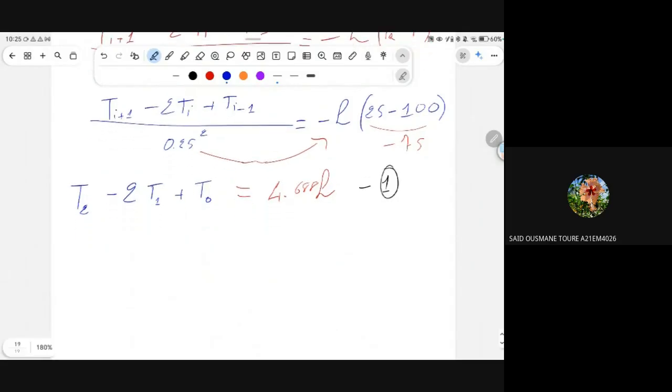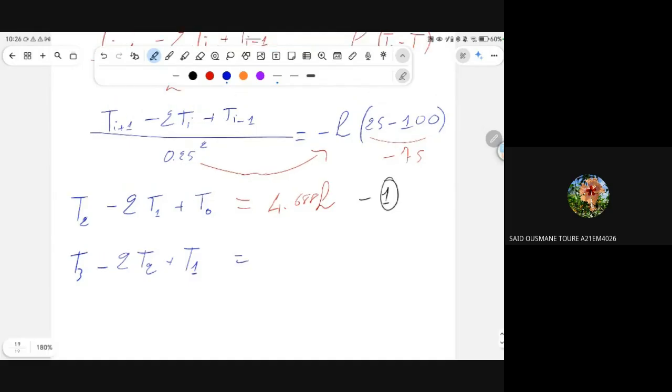Now, if I use T2 being i, we have T3 minus 2T2 plus T1 equals 4.688h. They're all equal to the same thing because this is a constant.